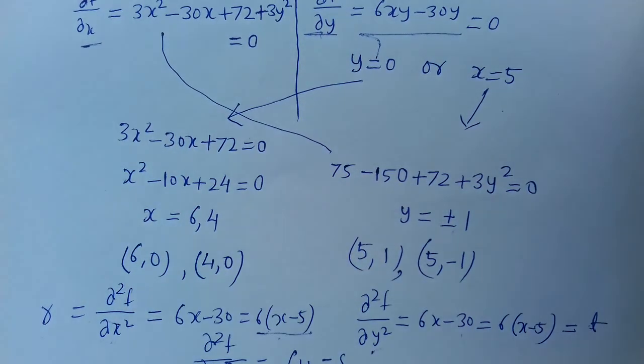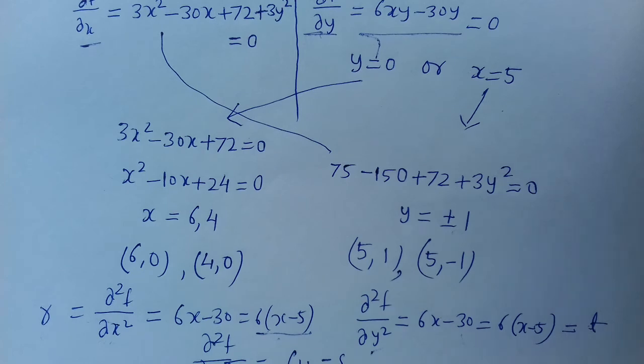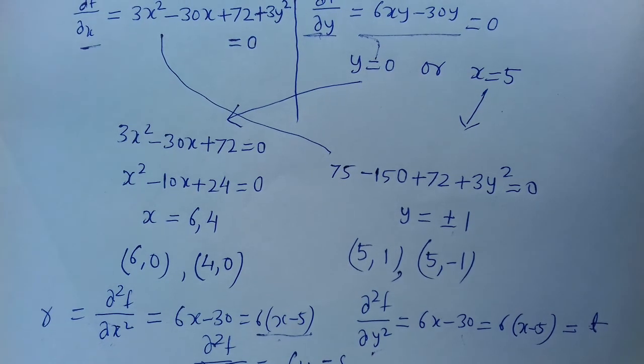So the correct option in video number 39 is, sorry, the correct option will be A, because in A you see critical points 4, maximum 1, minimum 1 and saddle points 2.